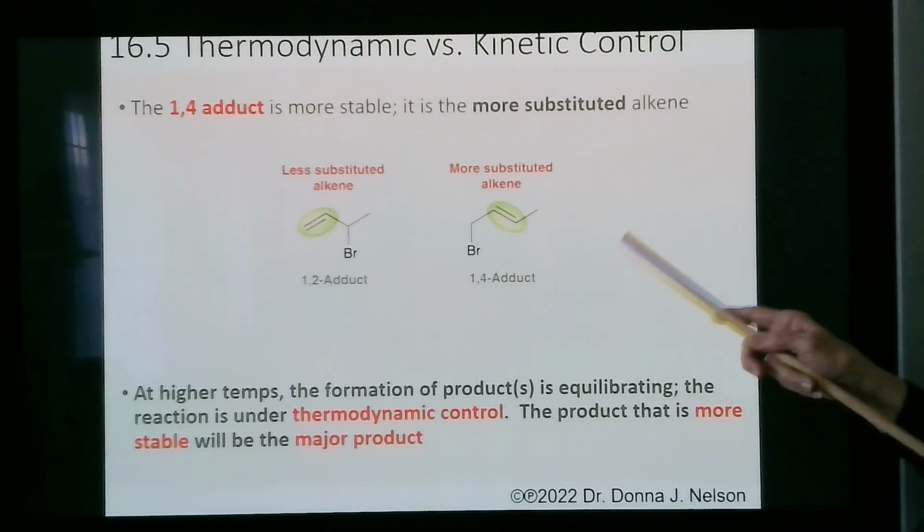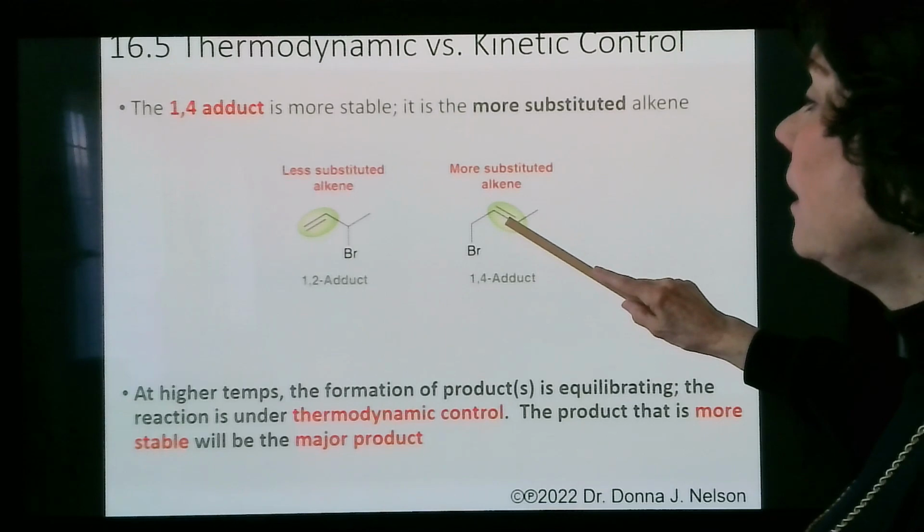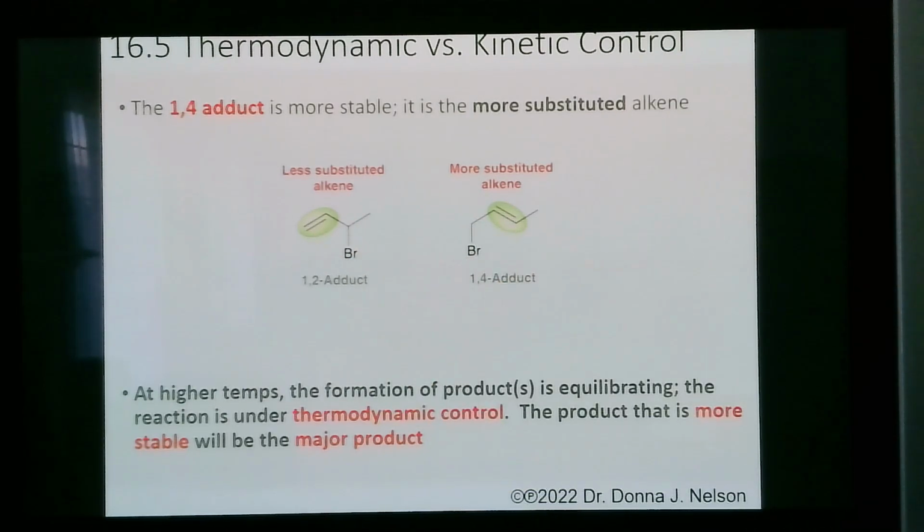Okay, so here this slide merely says that this is the more substituted alkene, so it is more stable. Less substituted alkene, it is less stable.